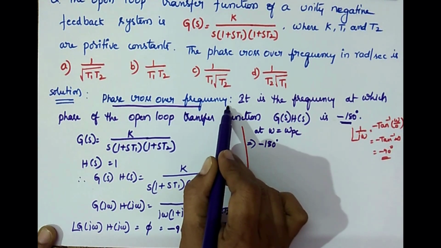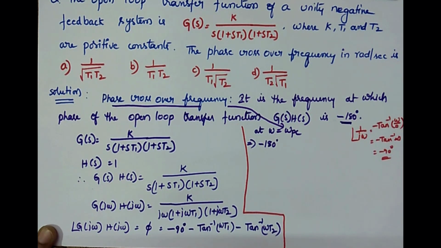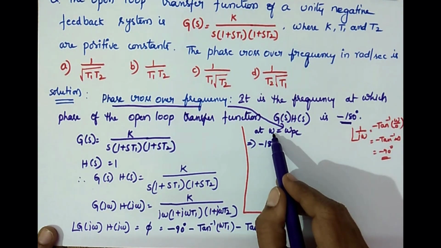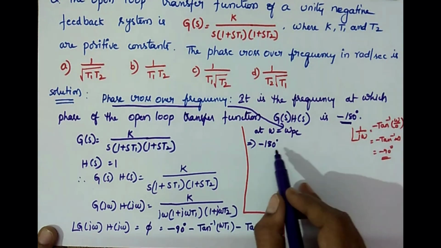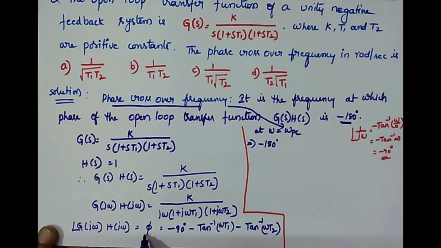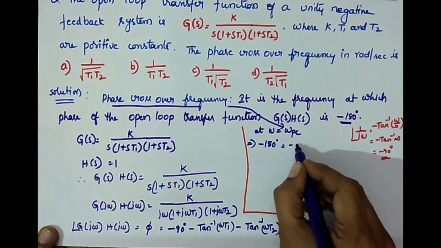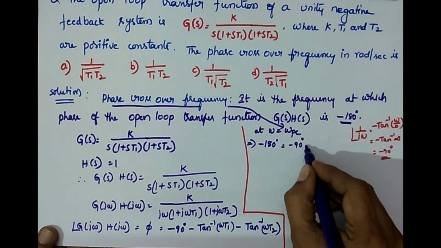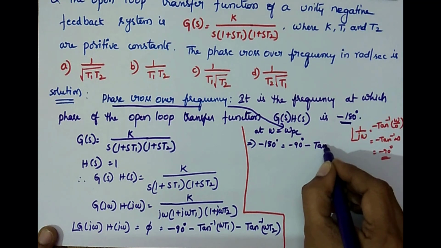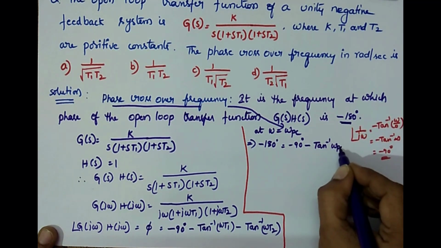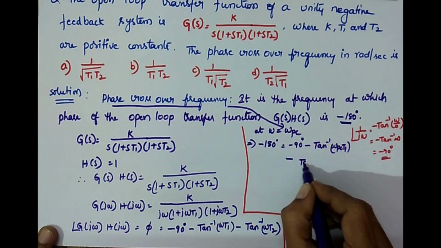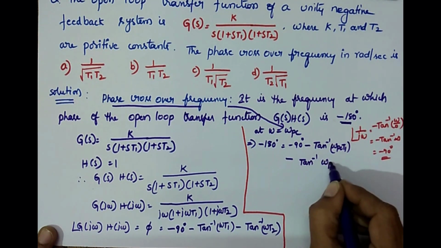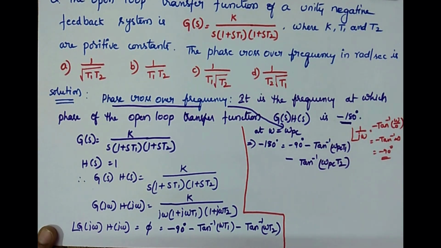Whenever ω is ω_pc in this expression, the phase angle of the open loop transfer function becomes minus 180 degrees. So now write: minus 180 = minus 90 minus tan inverse(ω_pc T1) minus tan inverse(ω_pc T2).